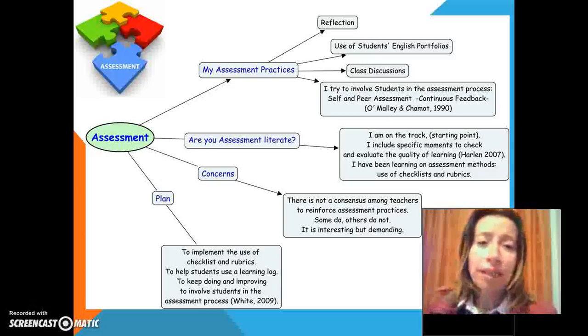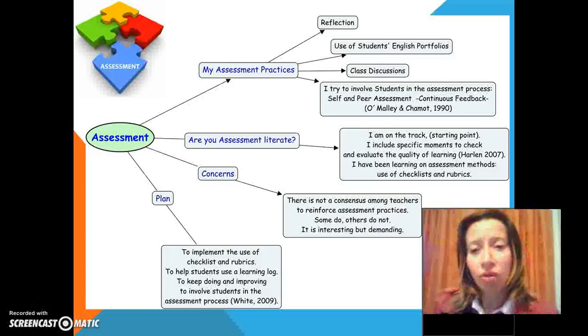Because of that, I decided to change, or better to adapt that practice. And nowadays, I have decided to use English portfolios just with students who are starting their English learning process. This year, for example, I'm using English portfolios just with fifth graders.